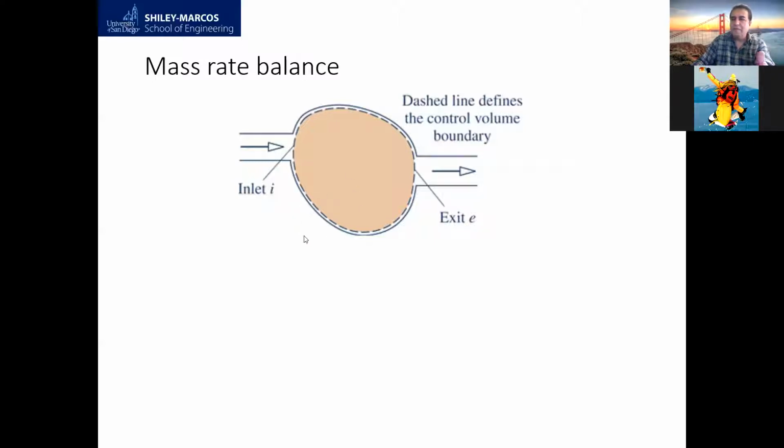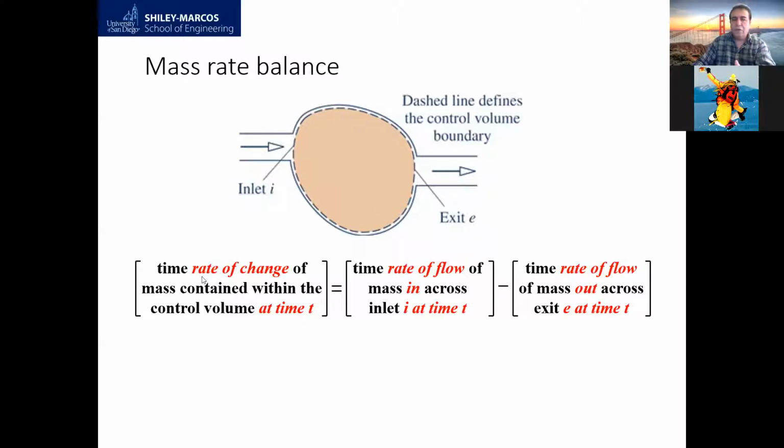If we have a system, we have an inlet and then we have an exit. This dashed line we call the control volume boundary, okay? The time rate of change of mass contained within the control volume at time t is equal to the time rate of flow of mass going into the system across inlet I at time t, minus the time rate of flow of mass out across exit E. E means exit, I means inlet.